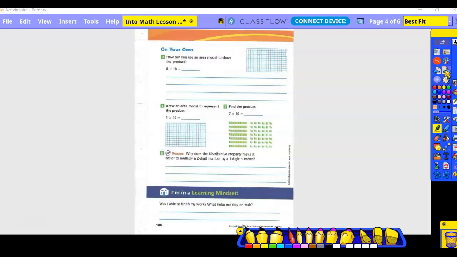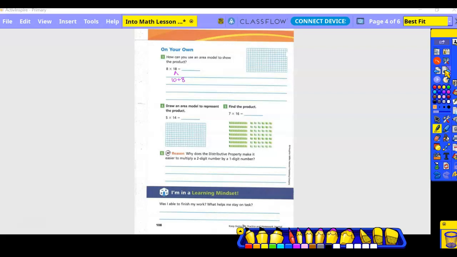All right, on your own, number 3, how can you use an area model to show the product? So we're going to have to break 18 into what? What can I break 18 into? What about just 10 and 8? Let's do 10 and 8. 10 plus 8.